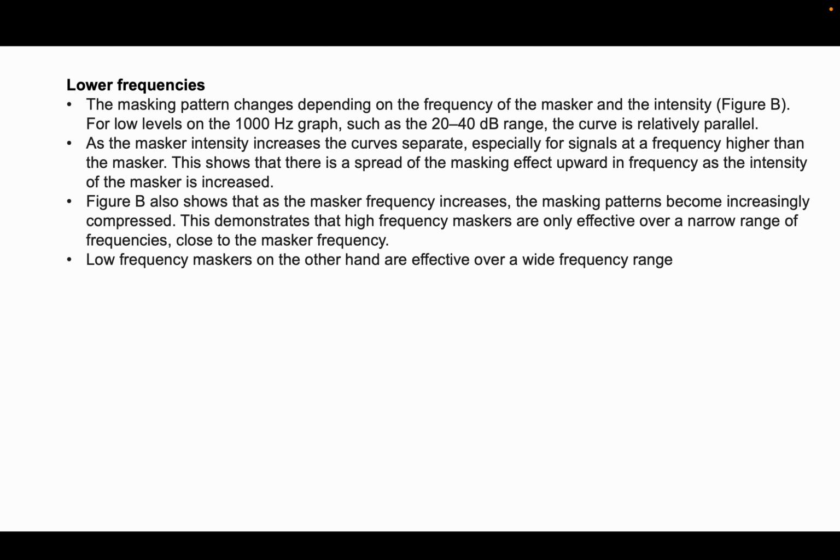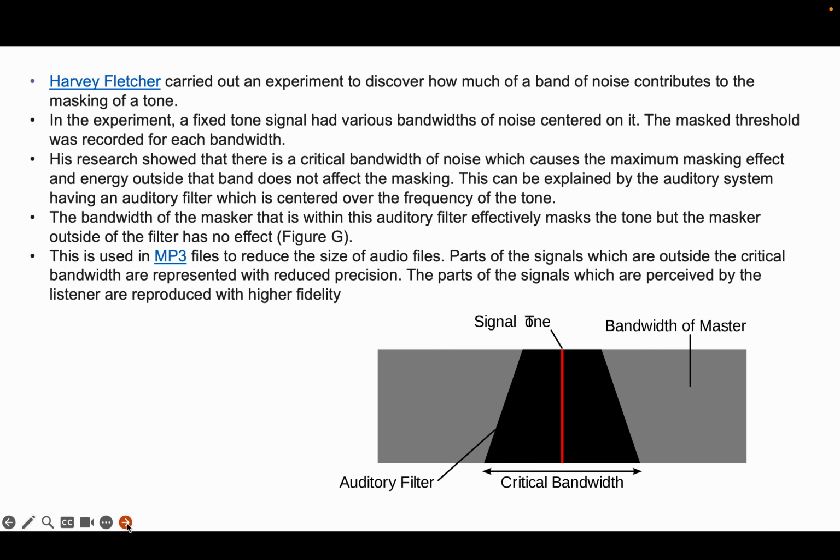So talking about narrow range is relative, because if you look at the bandwidth of those two, the higher frequencies obviously have higher bandwidth, but because you're at higher frequency, you're looking at cues or things like that that have a normalizing effect. That would be a reasonable statement to make. Lower frequency maskers, on the other hand, are effective over a wider frequency range. So if you have to choose, better to choose a lower frequency masker.